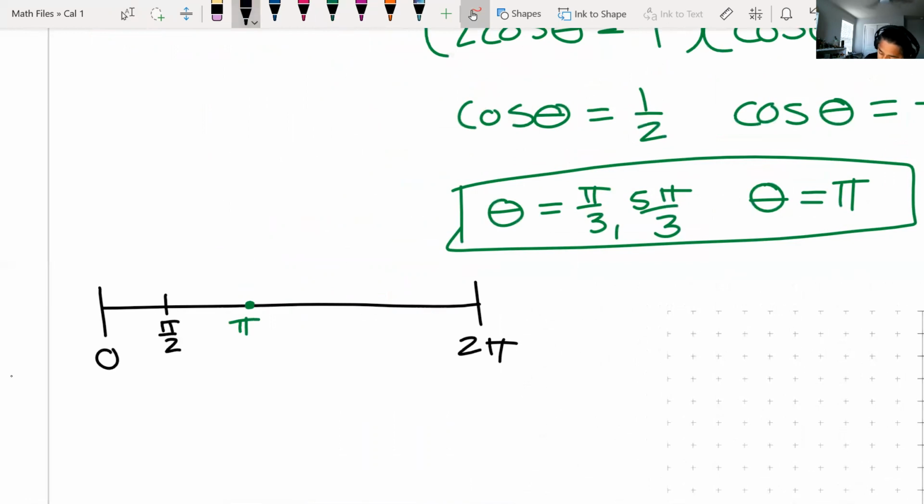And then here's pi, over 2 pi, and there's 3 pi over 2. Okay. So I already plotted pi. Then pi over 3, that's going to go right here. And then 5 pi over 3, that's going to go around here.